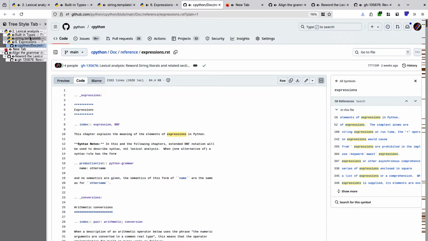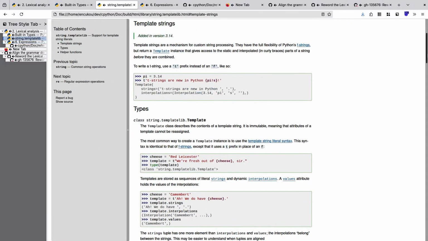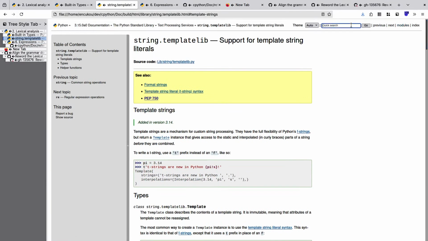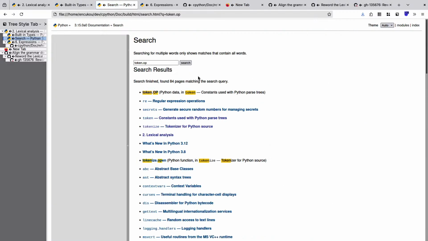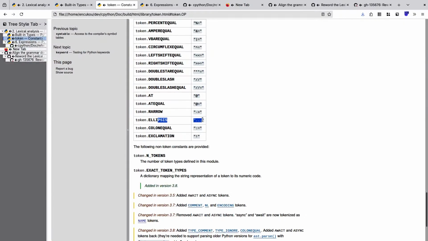I guess the ellipsis token is also an op. Yes.